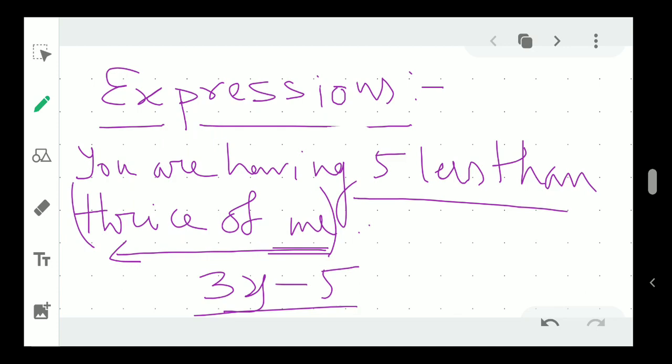So an expression means a mixture of variables and constants. Coming to the next thing, your equation. In a word problem there will basically be some parts.